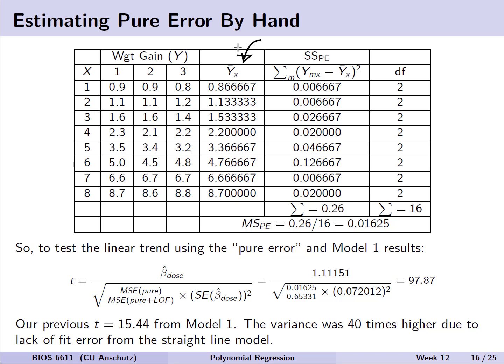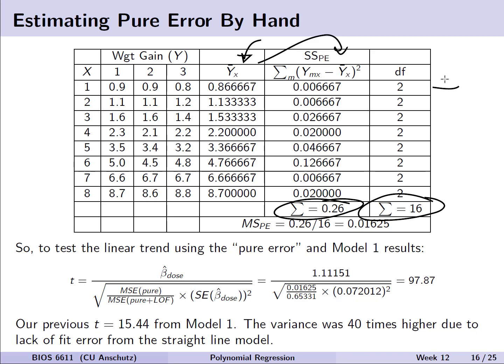For example, we would first calculate the average weight gain within each dose level. With that information, we would then calculate the sums of square for the pure error as each observation minus the mean for the dose level squared and sum it up. And then we would look at taking the sum of those terms and the overall degrees of freedom we have within each group.